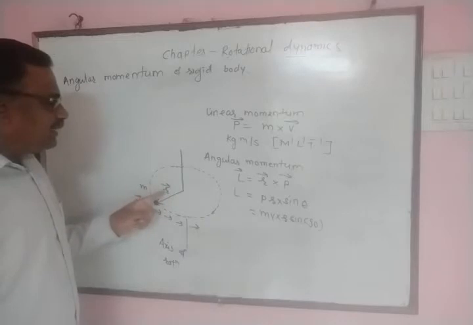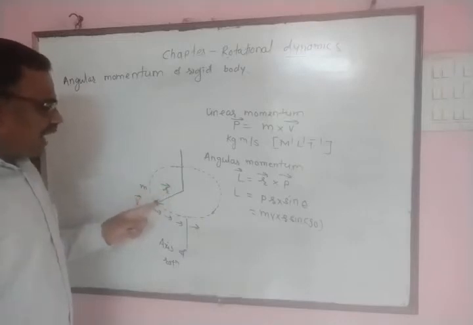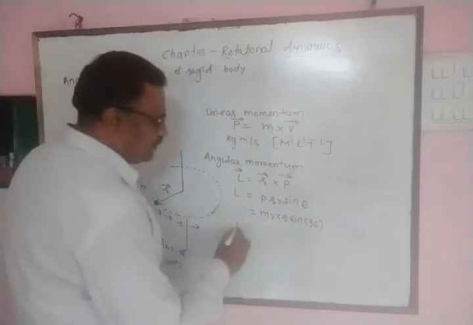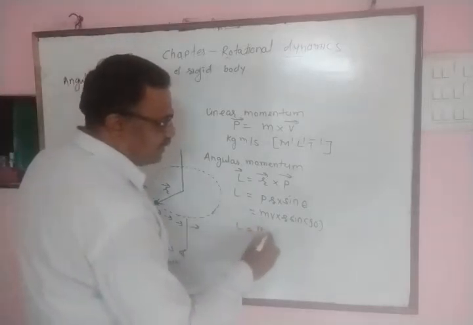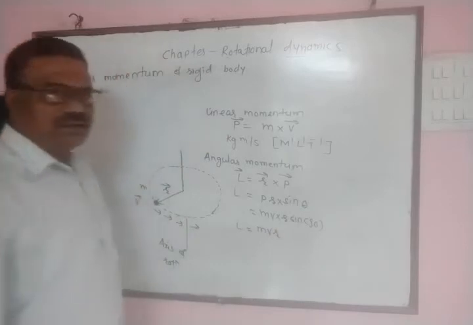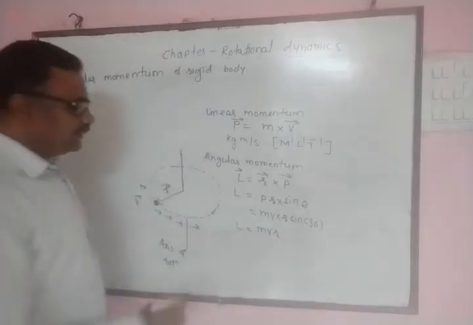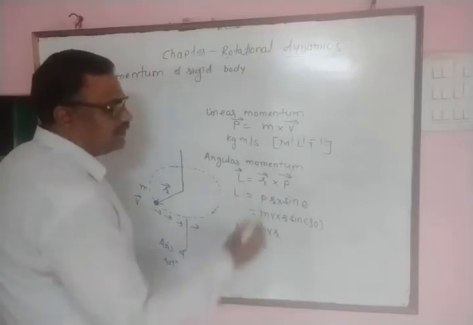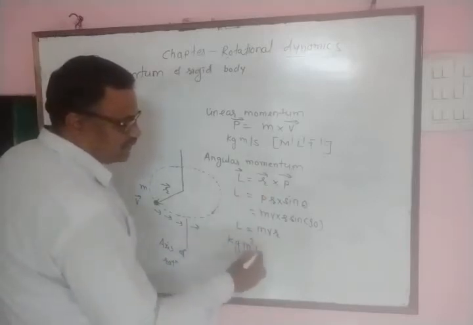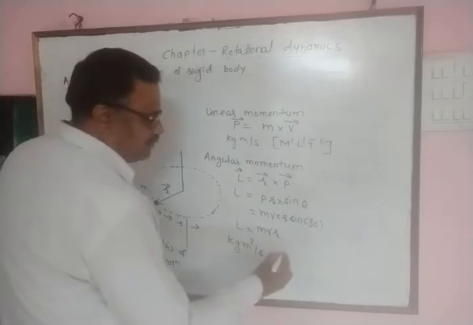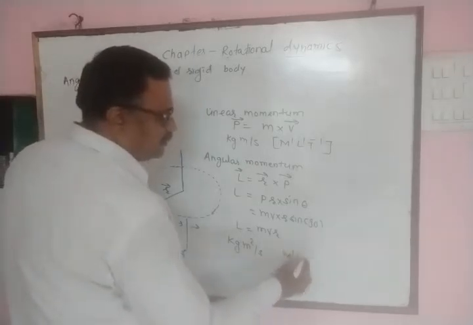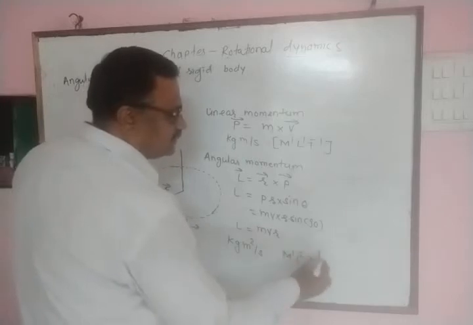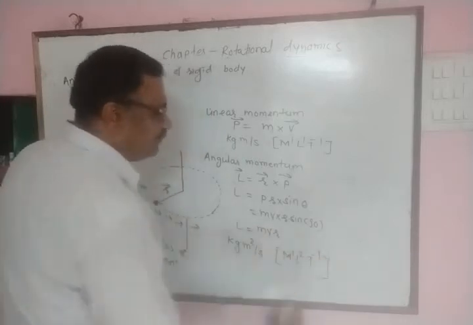Therefore, the angle between the position vector and the tangent at any position is 90, and the magnitude of angular momentum is equal to mvr. The unit of angular momentum is kilogram meter square per second. M to the power 1, L to the power 2, T to the power minus 1. This is the dimension of angular momentum.